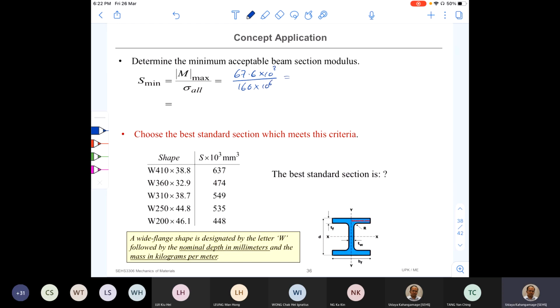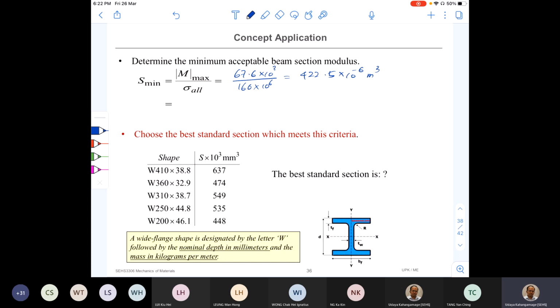So you do the calculation, you get this answer, 422.5 into 10 to the power minus 6 meters to the power 3, because section modulus has three-dimensional units, three measurements, three units measured in meters.